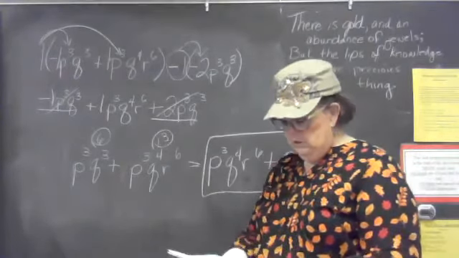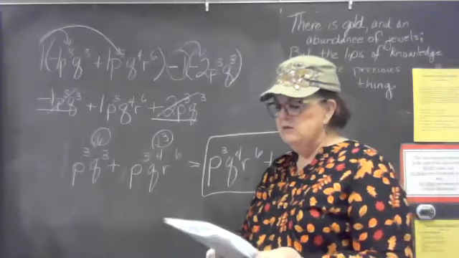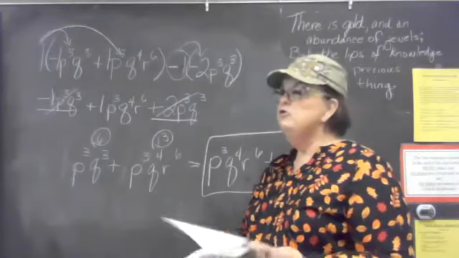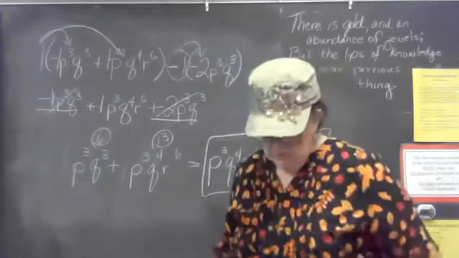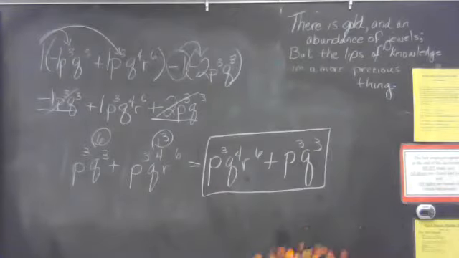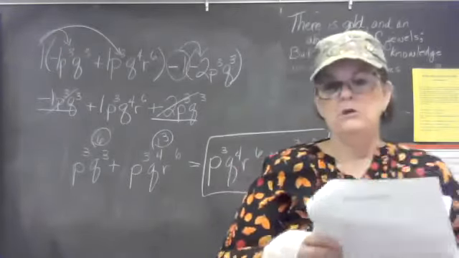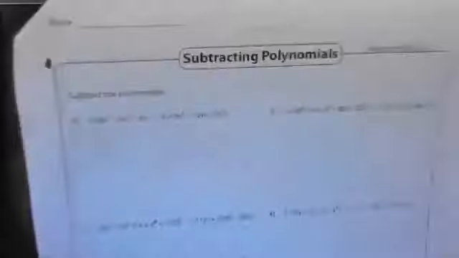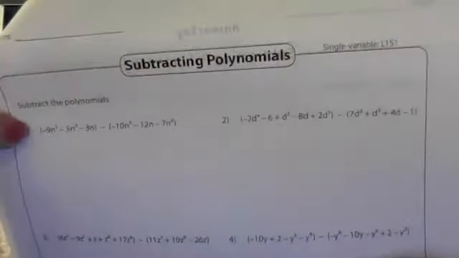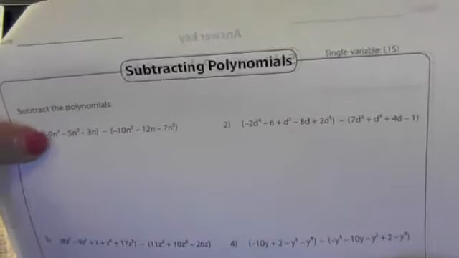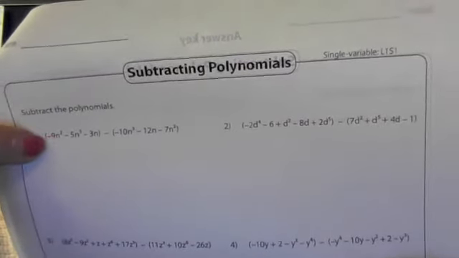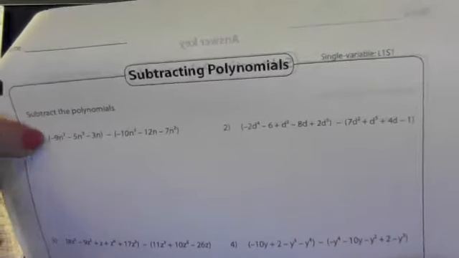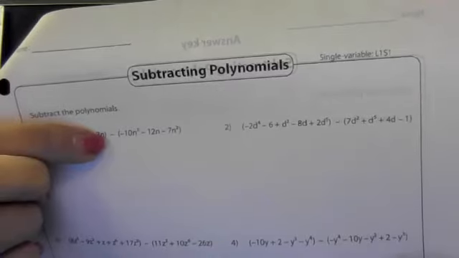Now I'm looking, page 8 simply gives you more terms. That's all. So you don't need to learn anything new to do this. It's just like on number 1, you're going to take the 1 times the negative 9, the 1 times the negative 5, the 1 times the negative 3.